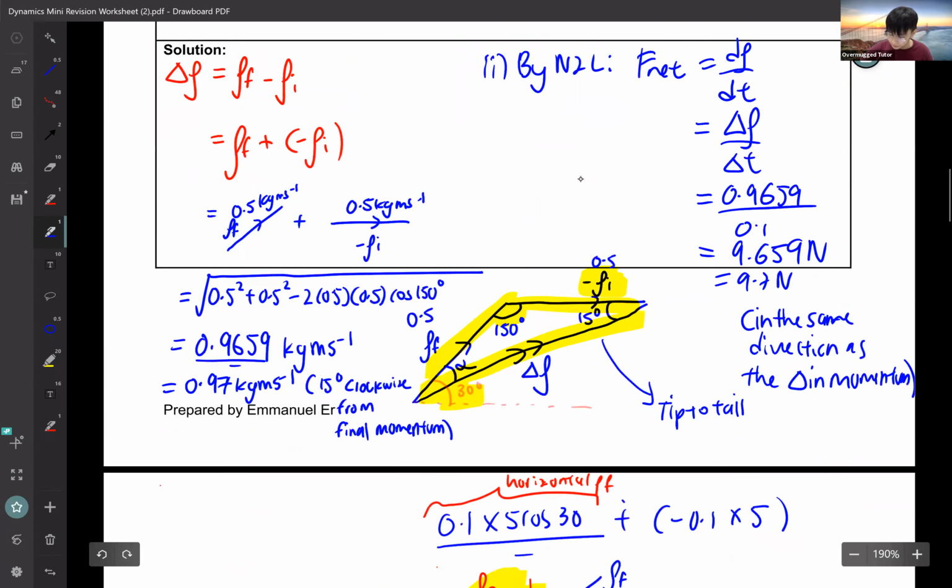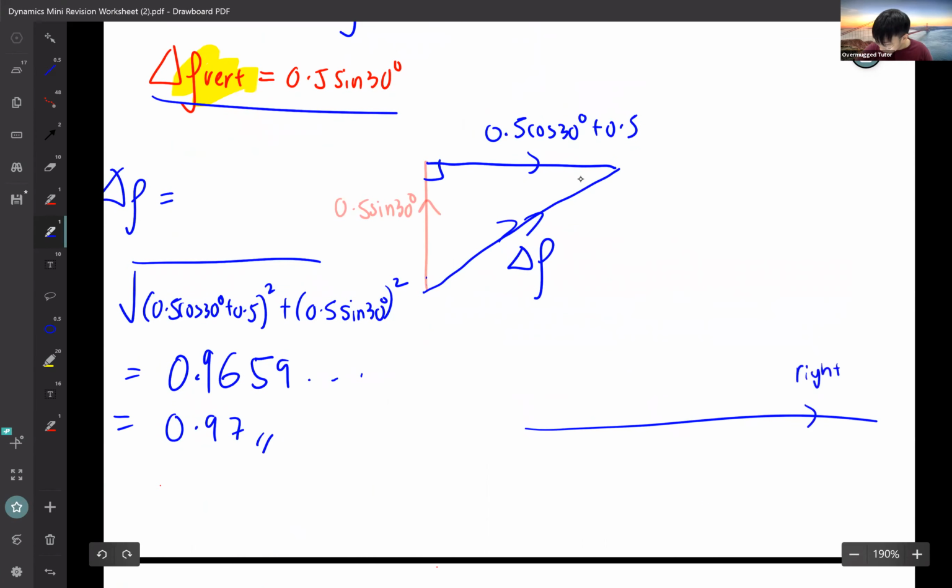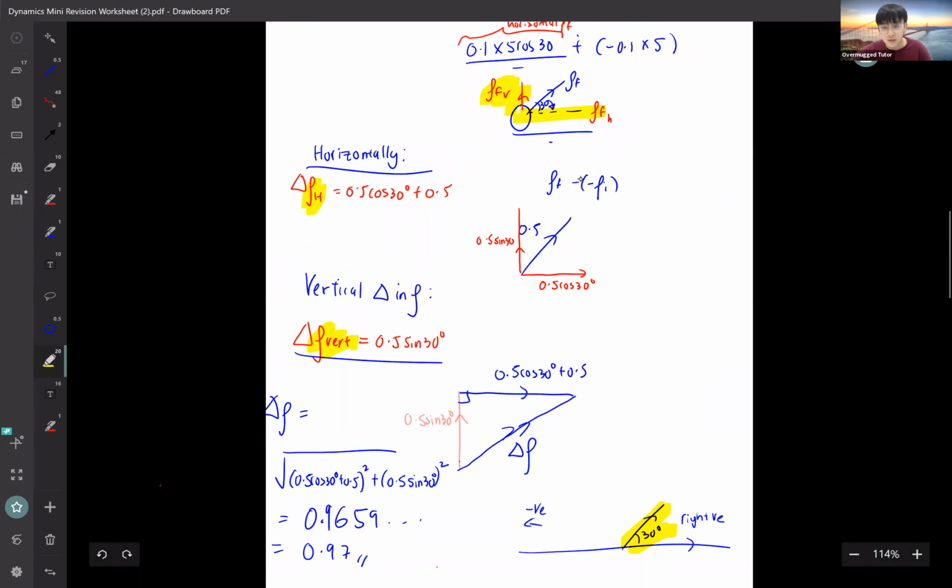For example, if I use sign convention, it means that right is positive and left is negative. Then what happens if now I have an angle of 30 degrees? You see what I mean? You don't actually manage to take into account the different angle. You have to have it on the same line for positive and negative. So that's why it's not doable. You should be using them as vectors instead. That's the logic.